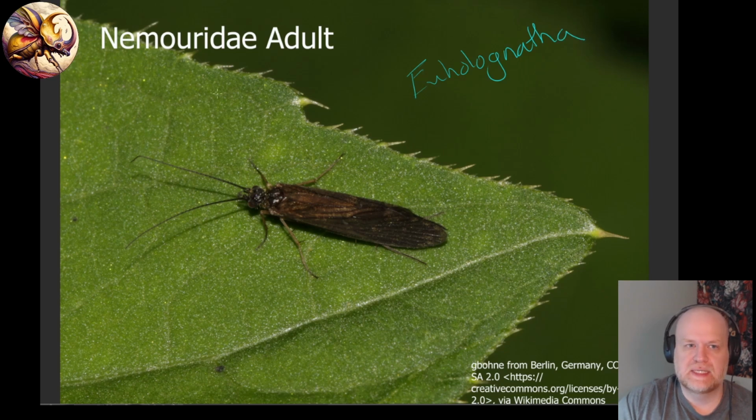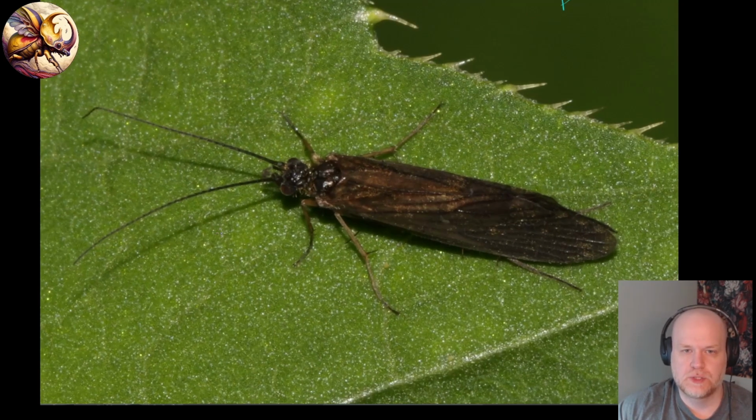And this is just an example. The Nemourids are an example of this group. This is one of the adults. Everything in this group tends to be herbivorous or shred detritus in the water in order to feed. The first instar nymphs don't feed.